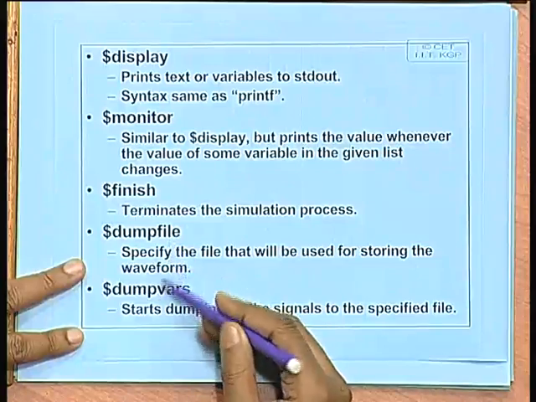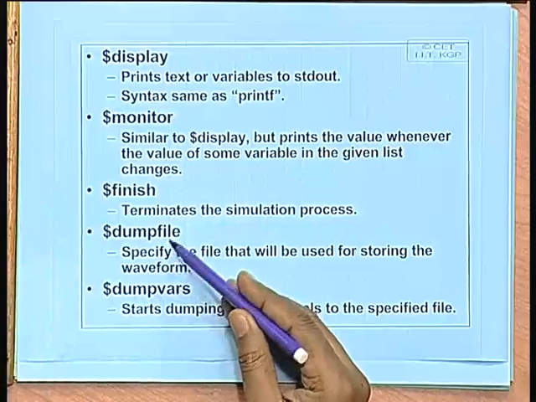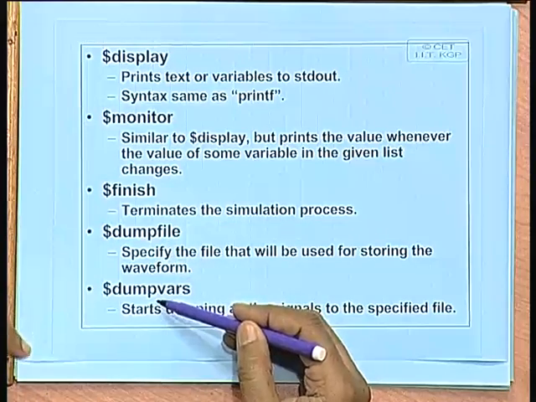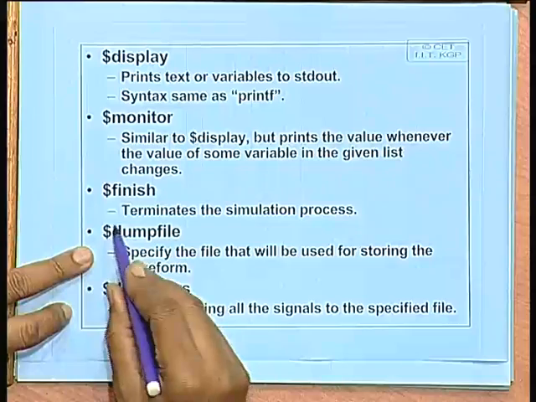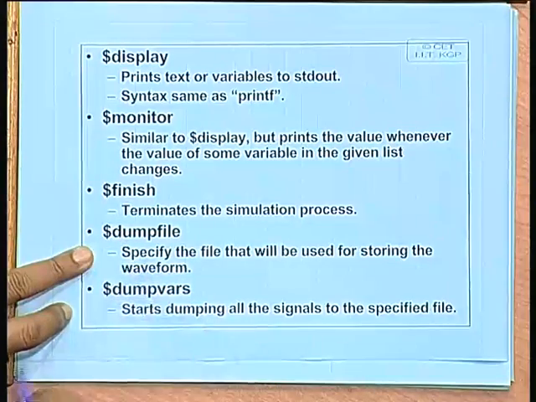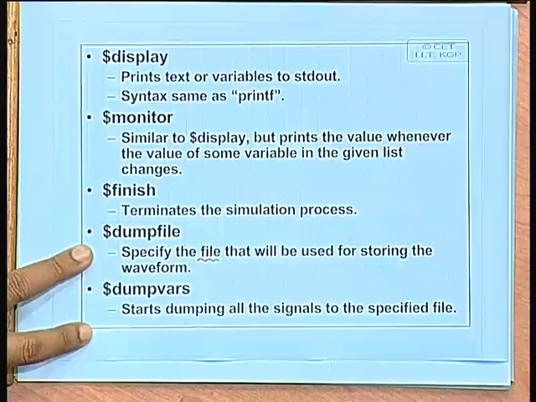Dump file and dump variables are two commands which are often used by the simulator in conjunction with an auxiliary tool called the signal viewer or signal display. In different simulators they are called by different names, but the idea is similar. The first command, dump file, simply specifies the name of a file, nothing else.